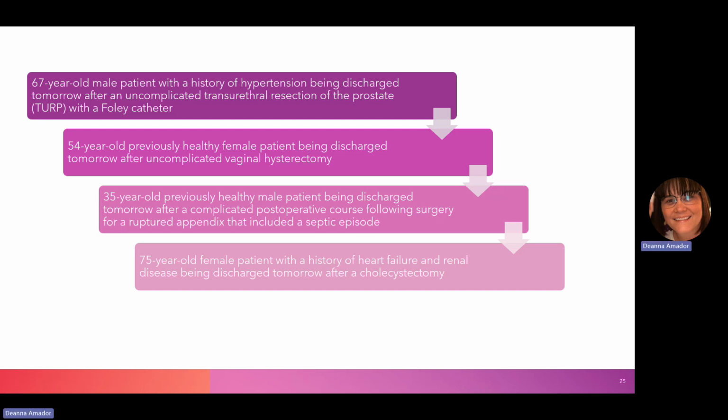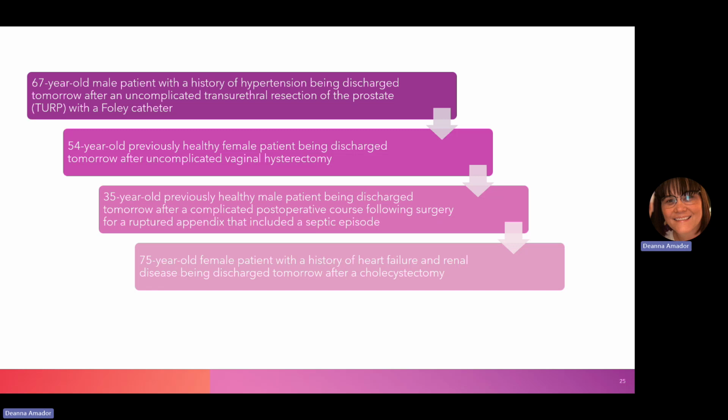So the answer is A. It would go number 4 first, 3 second, 1 third, and then 2 last. So number 4, a 75-year-old female patient with a history of heart failure and renal disease being discharged tomorrow after a cholecystectomy.